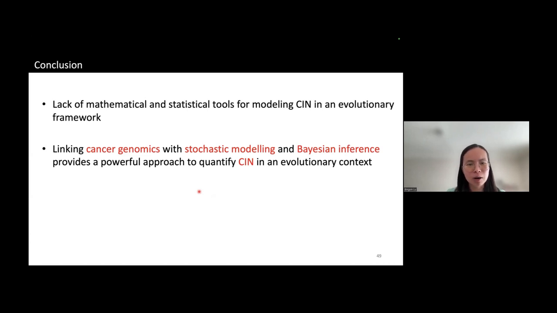Given there's more and more cancer genomics data and insufficient understanding of the evolution of chromosome instability, our approach provides a good strategy to quantify chromosome instability in an evolutionary context.